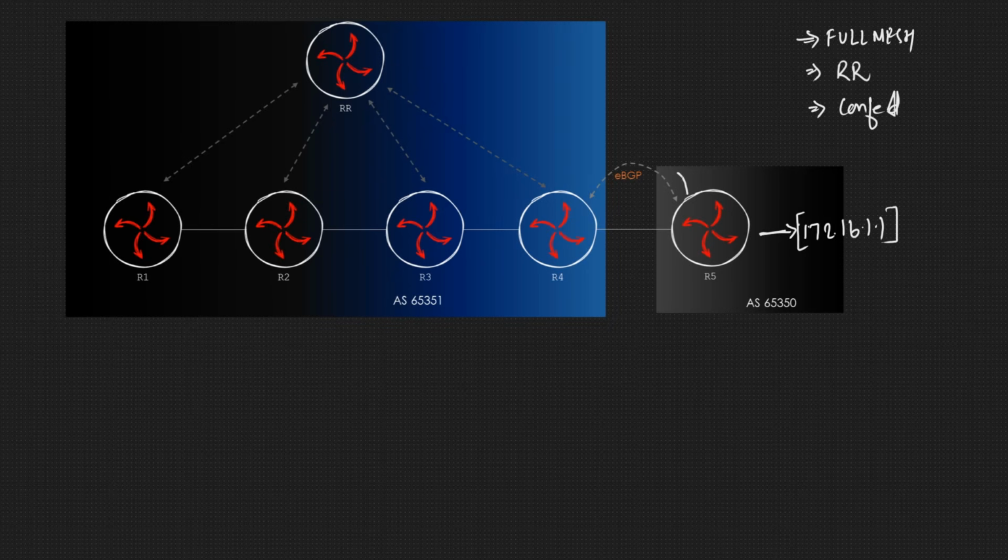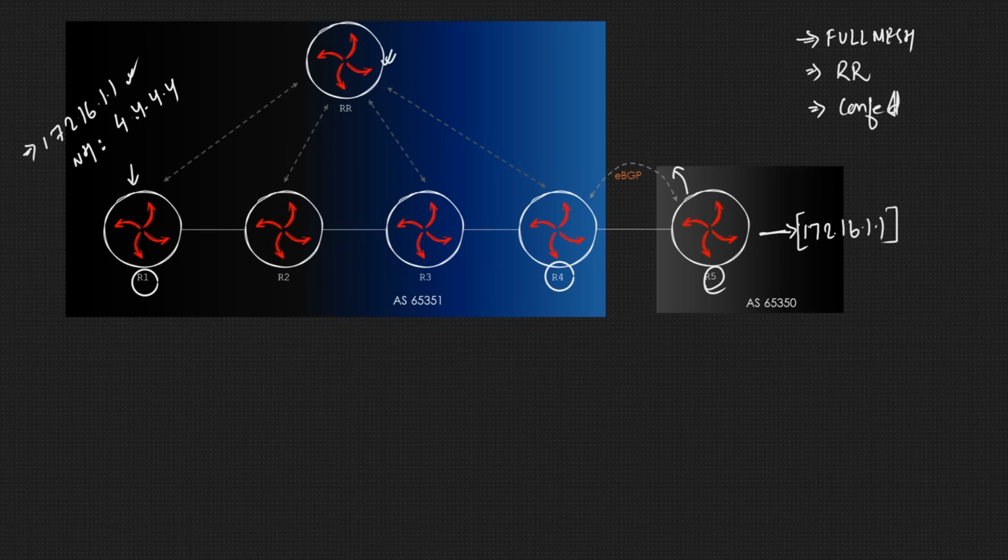This route is advertised by eBGP, and based on the previous case, we received this route 172.16.1.1, and the next hop is R4, 4.4.4.4. We do a recursive lookup, resolve it, and the packet is sent to R2. R2 does not have this destination address. In order for R1 to send the packet to R5, every router should have this destination IP information, then only it will work. If we have full mesh BGP, then each and every router will have it.